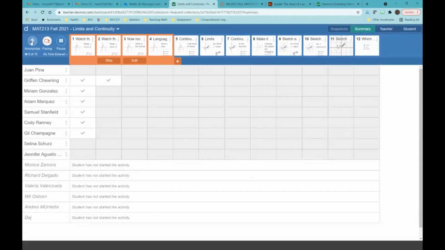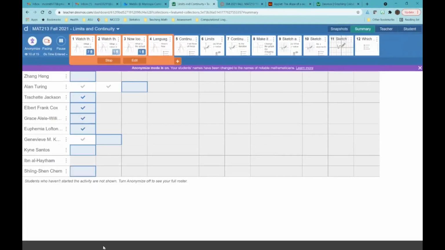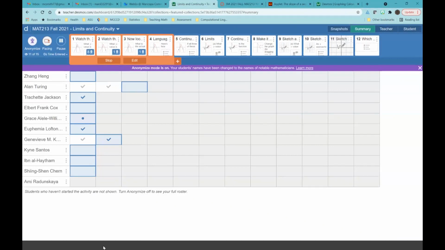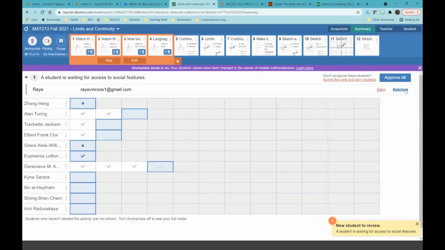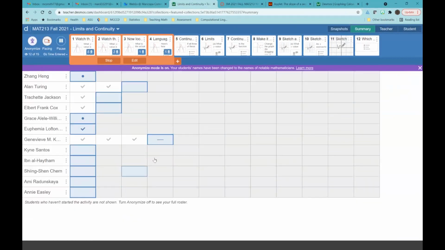I'm also going to anonymize you. By anonymizing you, you don't have to worry about your privacy. You've all been renamed as a famous mathematician. So you've got Elbert Cox, Grace Adele Williams, Alan Turing. These are all famous mathematicians. And then I should be able to see you as you walk through the activity.